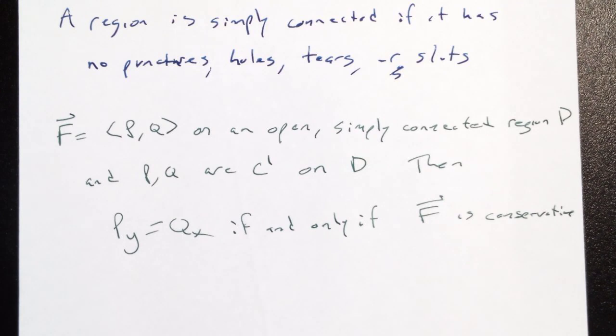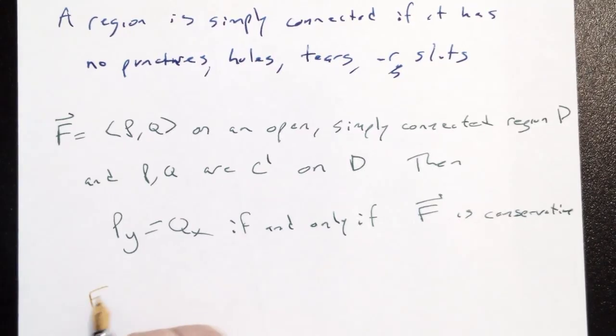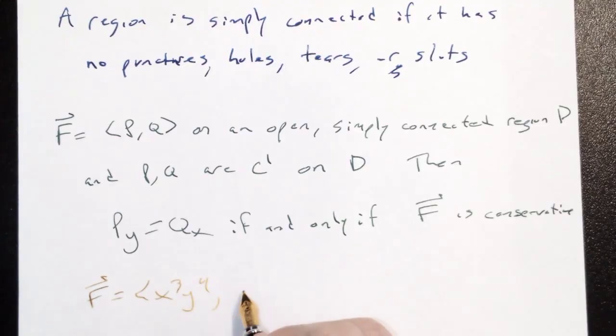Okay, I'm going to use this. Let me go back and look at my vector field. In the example we were just doing, F was x cubed y to the 4th, comma, x to the 4th y cubed.